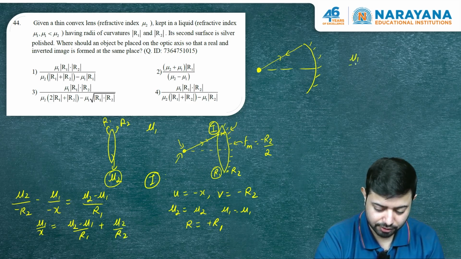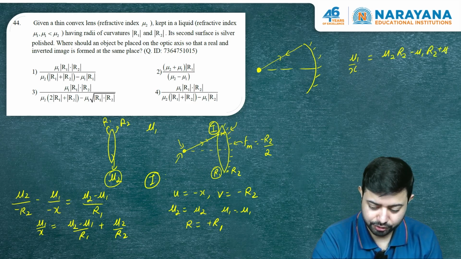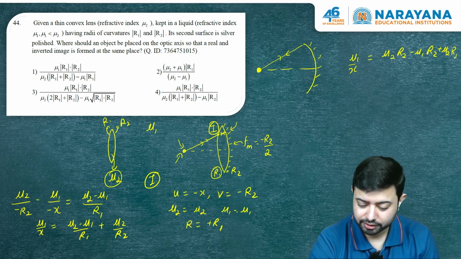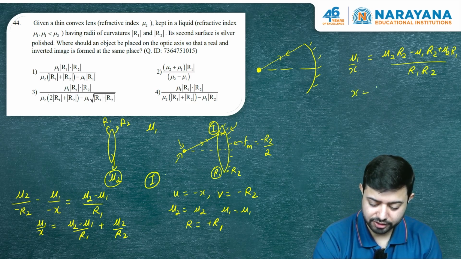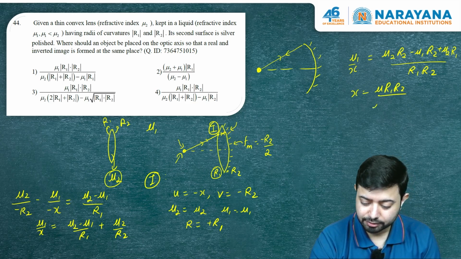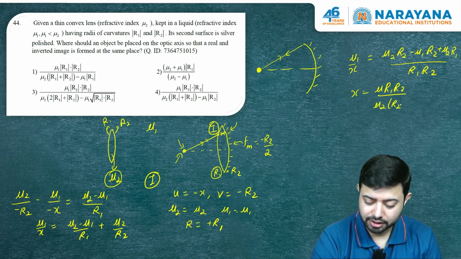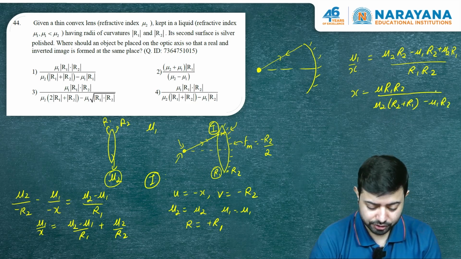So, this will become mu 1 by x equals mu 2 R2 minus mu 1 R2 plus mu 2 R1, divided by R1 R2. So, how much is x? Mu 1 R1 R2 divided by mu 2 taken out common, R2 plus R1 minus mu 1 times R2. So, which option is matching?